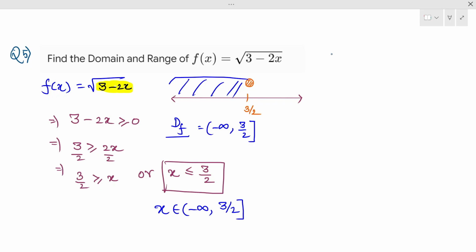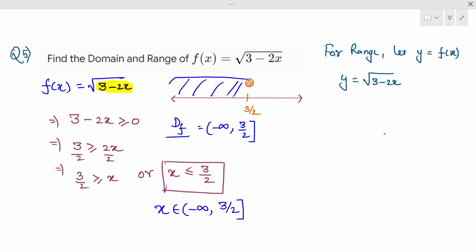Next thing is range. So for range, again, we know the steps. Let y equal f(x). Now what is f(x)? That is square root of 3 minus 2x, right?